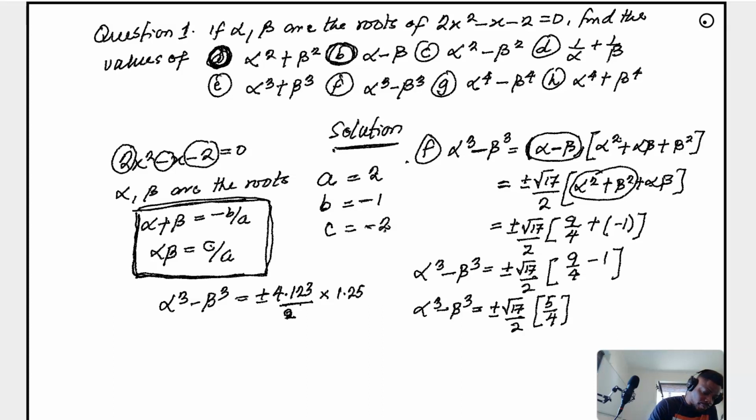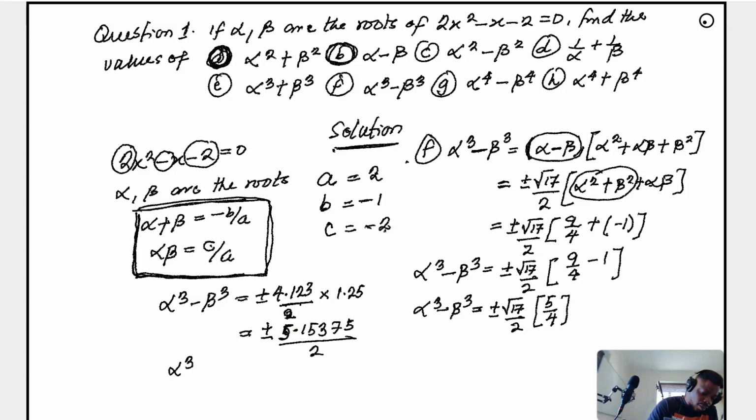So I will say 4.123 times 1.25. So I will have plus or minus 5.15375 divided by 2.